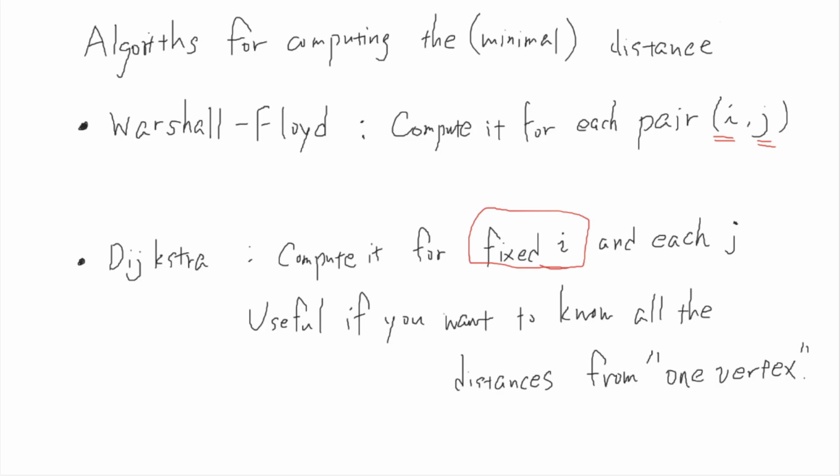This is the difference from Warshall-Floyd. Dijkstra is useful if you only want to know all the distances from one vertex. But in this case, we must know all the distances of the pair i, j, so it's better to use Warshall-Floyd.